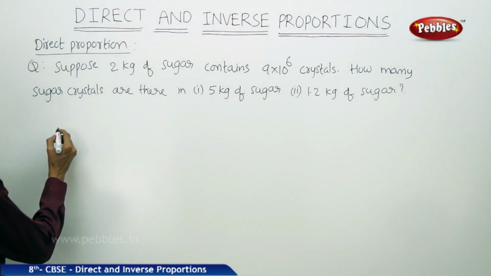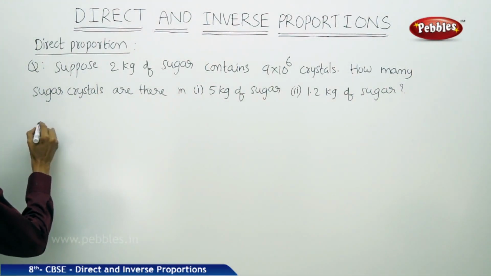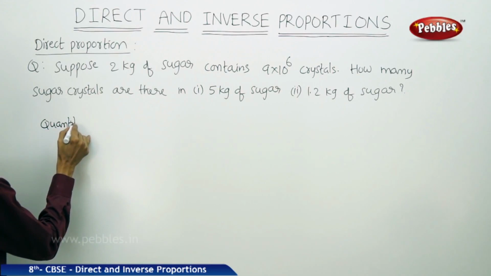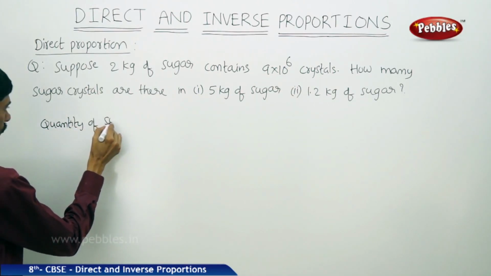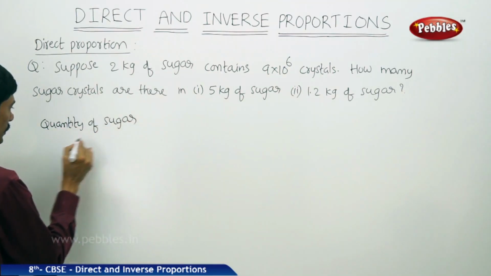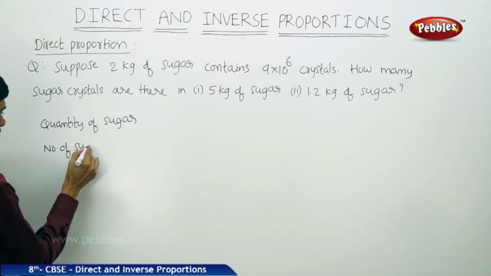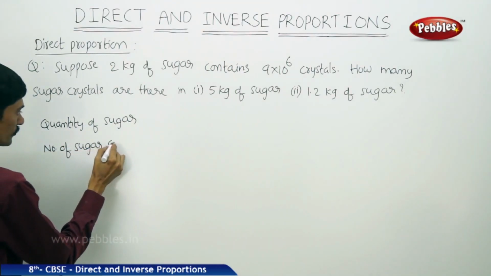So first we will take quantity of sugar, then number of sugar crystals.